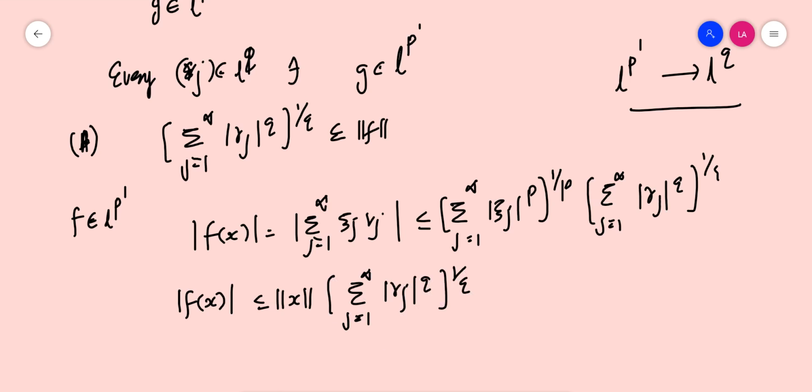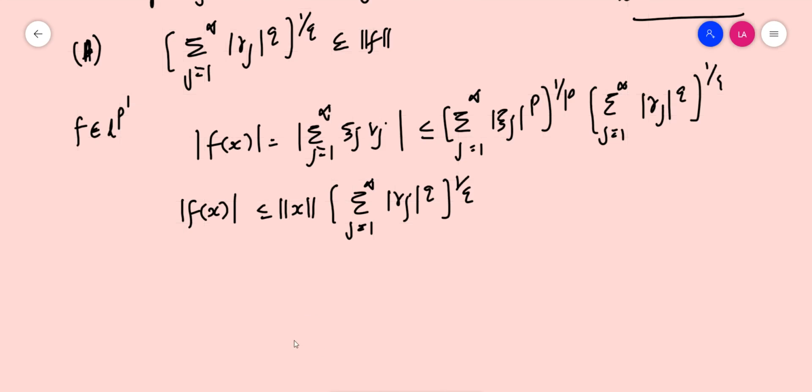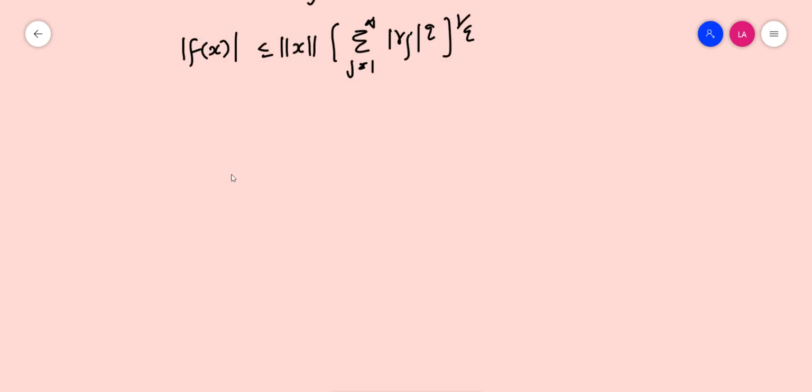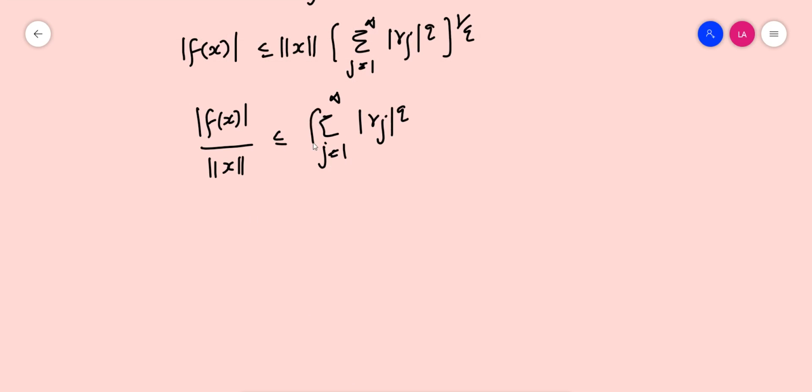Now if we move this on to the left hand side, what we are going to get is modulus of f of x by norm x is less than or equal to the summation j equal to 1 to infinity of modulus of gamma j raised to q, the whole raised to 1 by q.